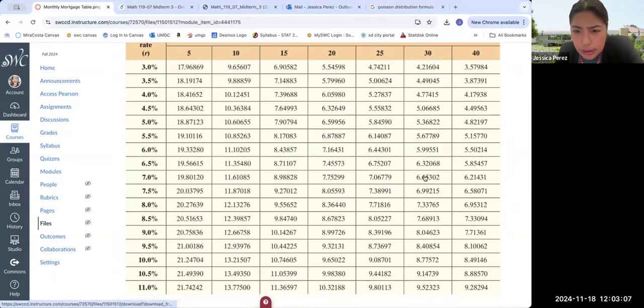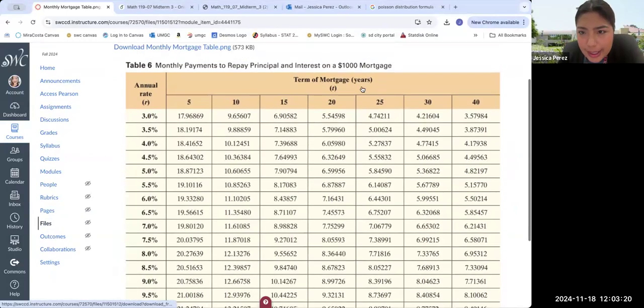So then you're going to scroll down, and that should give me 6.32068. Now, this is the payment on a 1,000 mortgage. It's 120,000. So then you're going to have to multiply that by 120.